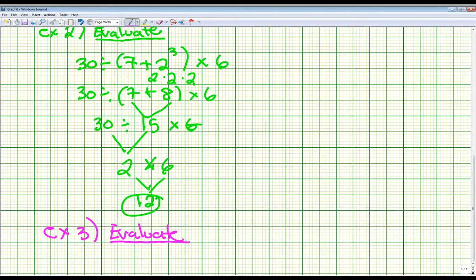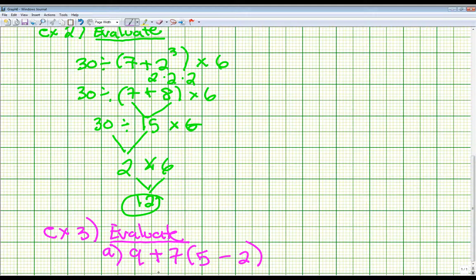So evaluating again means go ahead and bring it to the exact same answer. So question A, they give us 9 plus 7 parentheses 5 minus 2.